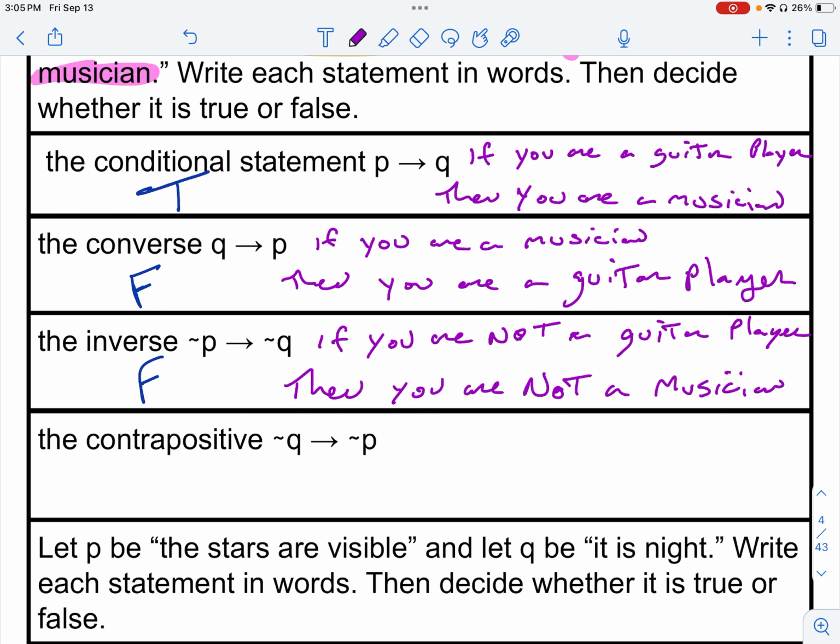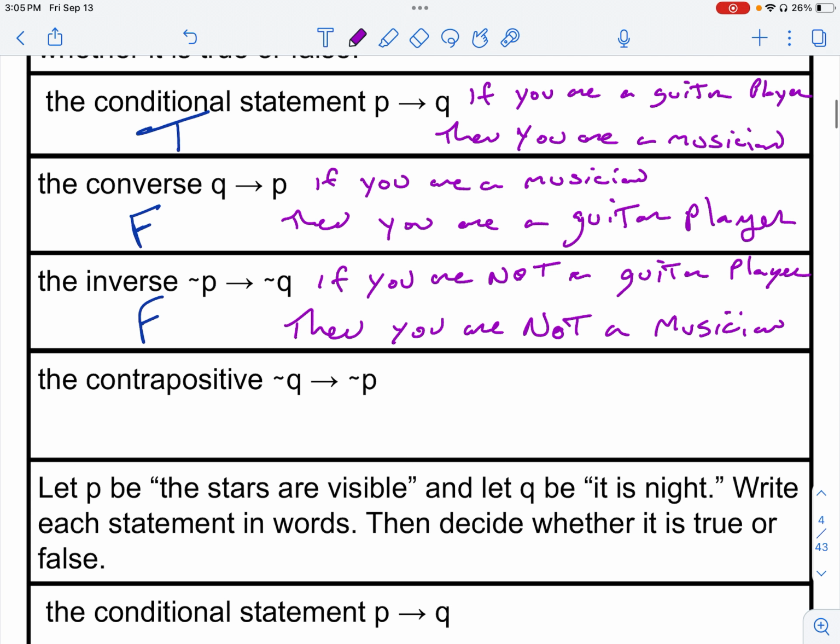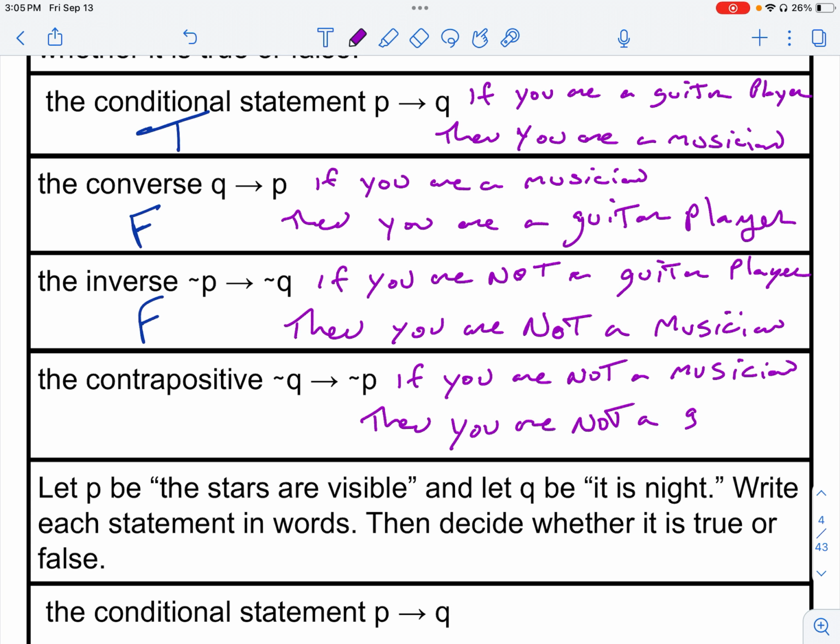Then the contrapositive, we're going to take our original P to Q and we're going to flip it and negate it, so we get not Q to not P. So if you are not a musician, then you are not a guitar player.